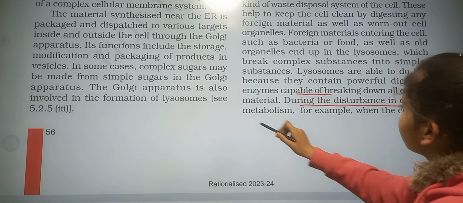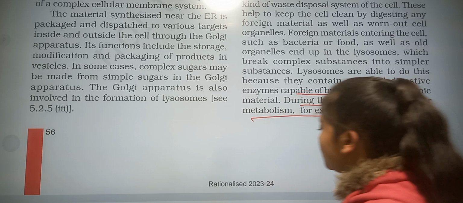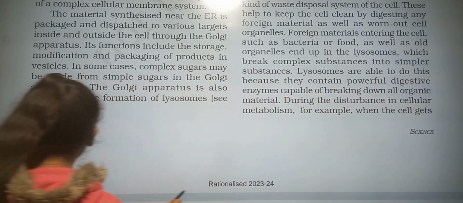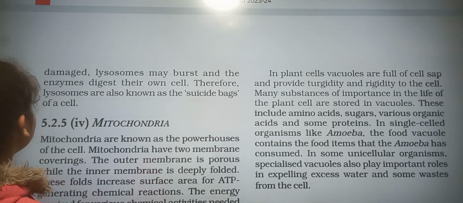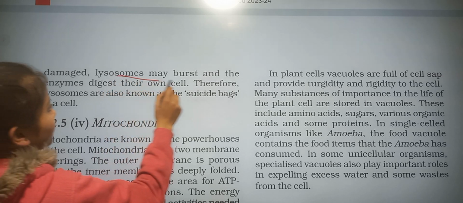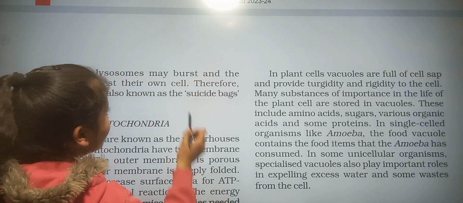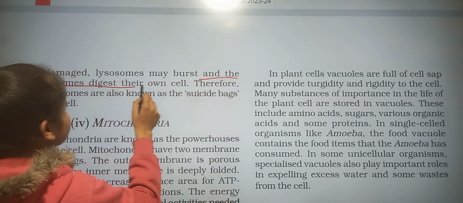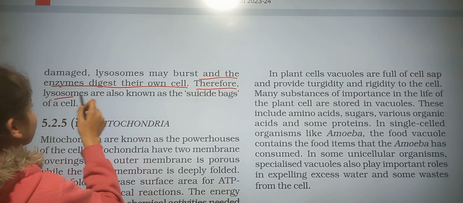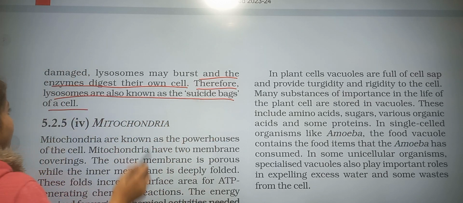During a disturbance in the cellular metabolism, for example when the cell gets damaged, lysosomes may burst and the enzymes digest their own cell. Therefore, lysosomes are also known as suicide bags of a cell.